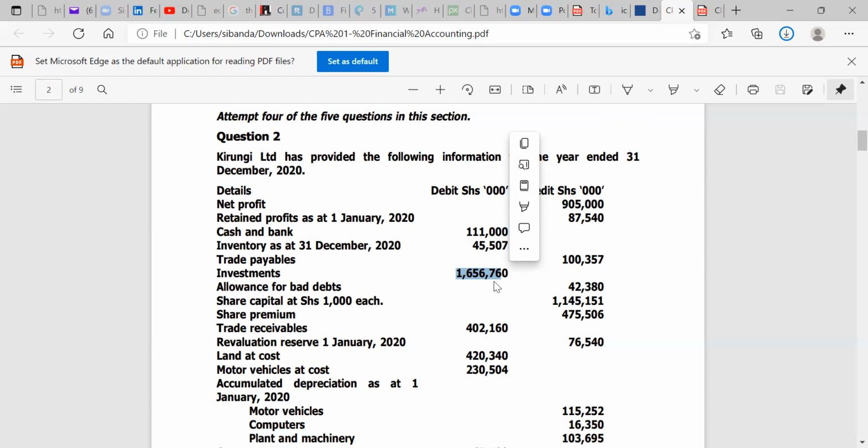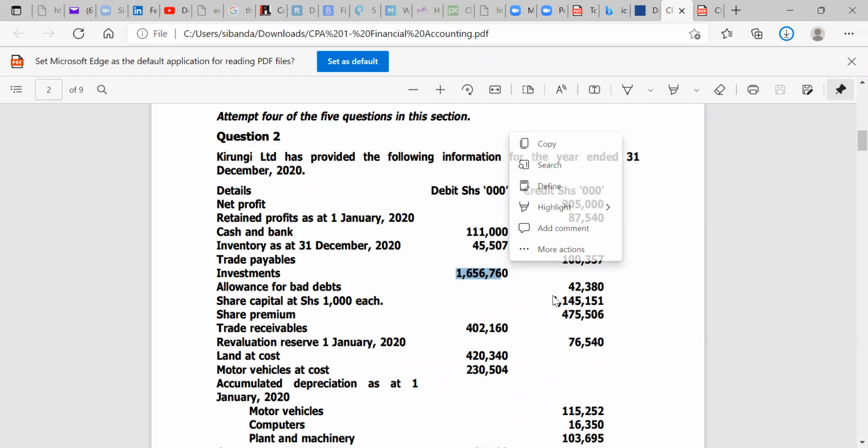Usually we classify investments under non-current assets because we presume that these are long-term and the company will be able to benefit from them within a period even beyond 12 months. So that is very key for us to understand. So that's why you can even see investments have a debit balance because they are assets. So this will be recorded in the statement of financial position.